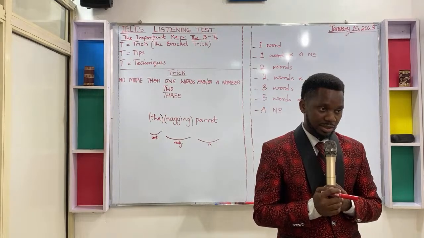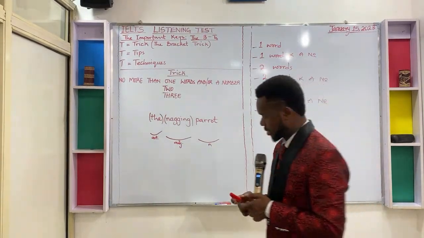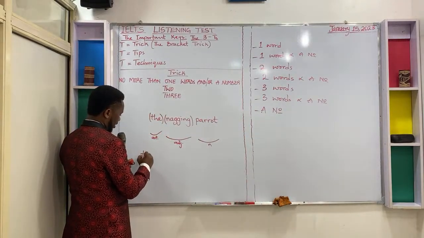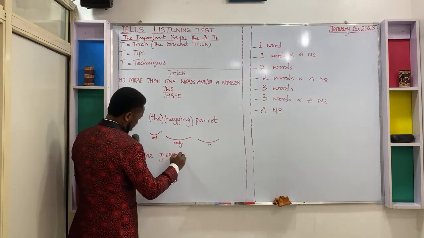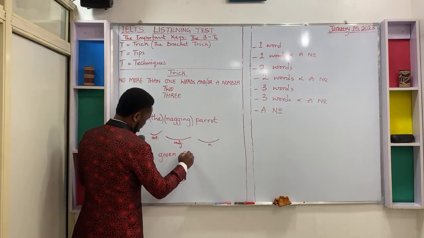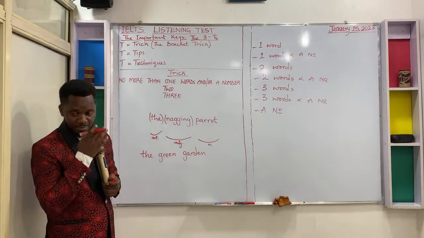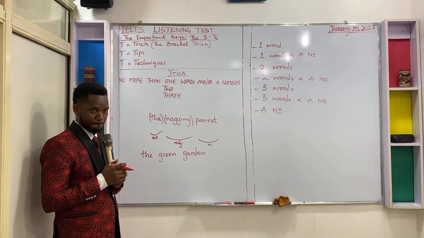Sorry, what if you have like 2 nouns? Is that possible? If you have 2 nouns, let's take for instance, we have this: the green garden. Do you have 2 nouns here? Green and garden.